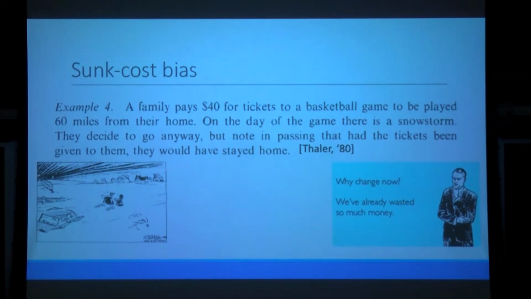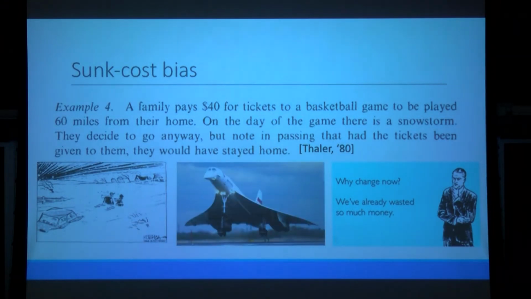And this is actually commonly known as throwing good money after bad, which is you've already sunk some cost into something and now you spend even more effort trying to prevent yourself from, in your mind, losing the cost that you've already sunk. Maybe the most classic example of this is with the development of the Concorde airplane.